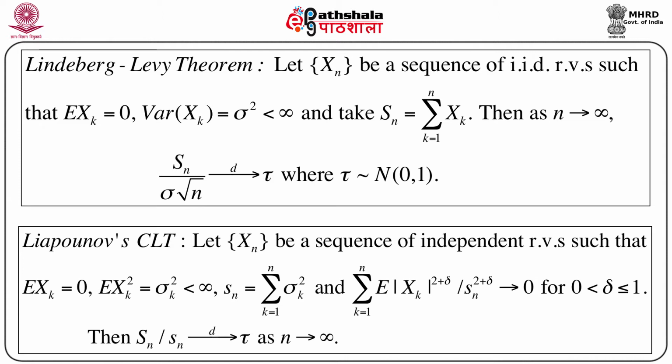This is known as Lyapunov's condition, for 0 less than delta less than or equal to 1. Then capital Sn, the sum of the random variables X1, X2, ..., Xn, divided by sn converges in distribution to tau, where tau follows normal 0, 1, as n goes to infinity.